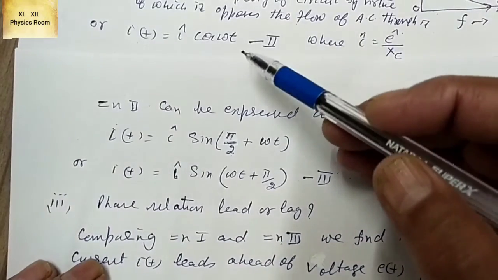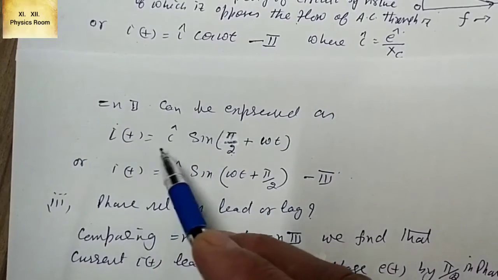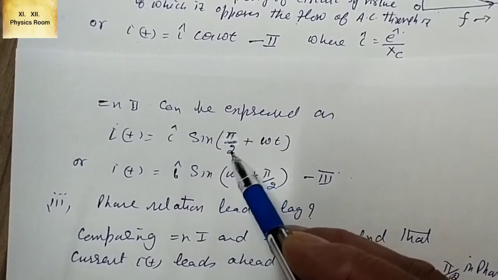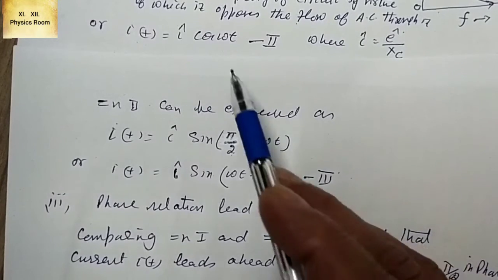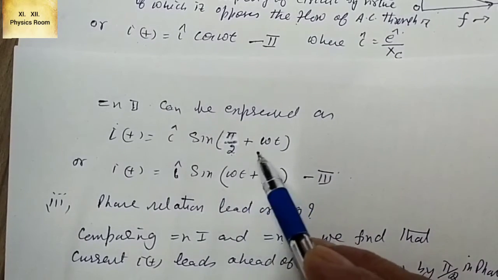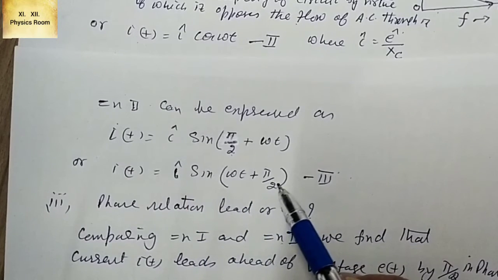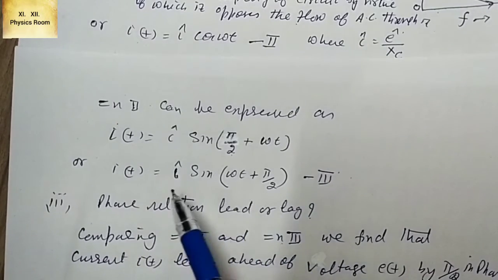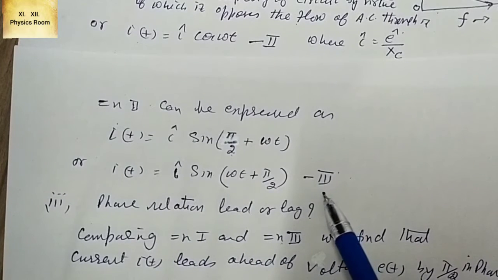Equation 2 can be expressed as i(t) is equal to I max sine of pi by 2 plus omega t. Sine of 90 plus theta is cos theta. So cos omega t we replace by sine of pi by 2 plus omega t. We interchange this: I max sine omega t first, pi by 2 afterwards. So equation 2 can be expressed as i(t) is equal to I max sine of omega t plus pi by 2. Let us mark it as equation 3. Now we come to the phase relation.